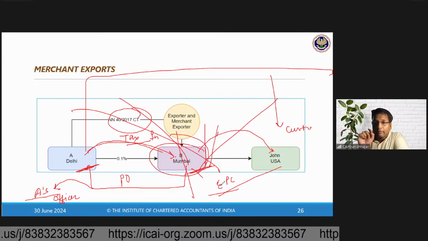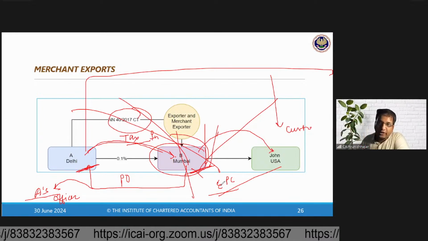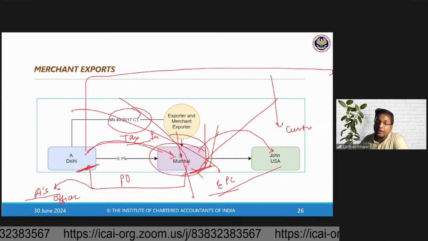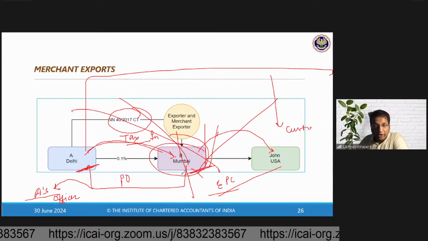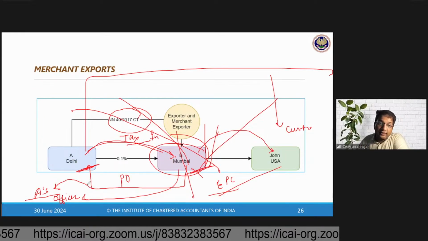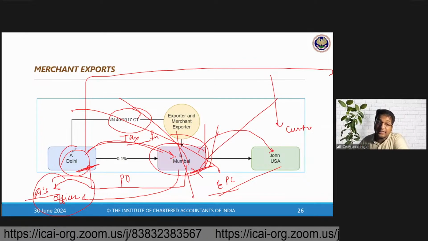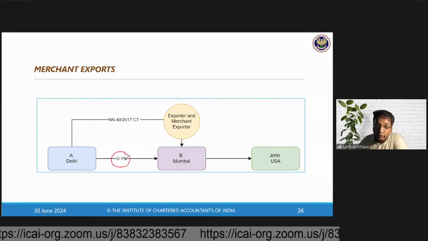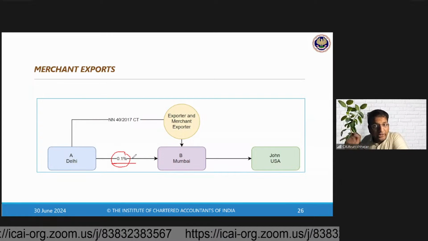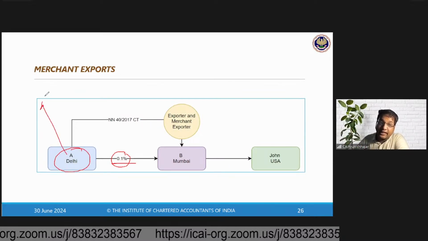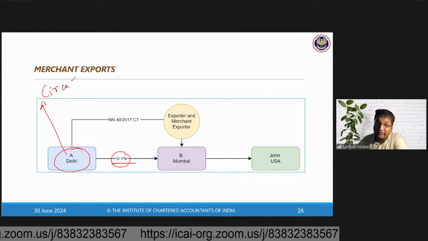Mr. B. Then the goods will be exported out of India. After that, the copy of the shipping bill or bill of export has to be submitted again to A and A's tax officer. If all these conditions are satisfied, then supply by A to B will be taxable at 0.1% only. And there is one clarification given by Circular 125.